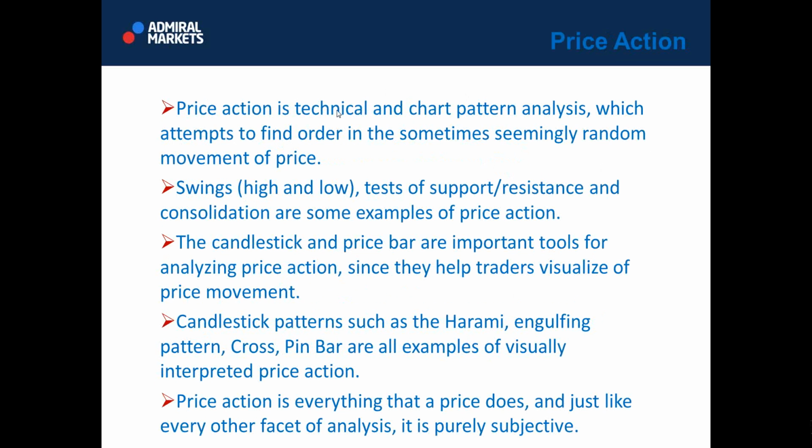Price action is technical and chart pattern analysis which attempts to find order in the sometimes seemingly random movement of price. Swing highs and lows, tests of support and resistance, and consolidation are some examples of price action. In price action we don't use indicators.